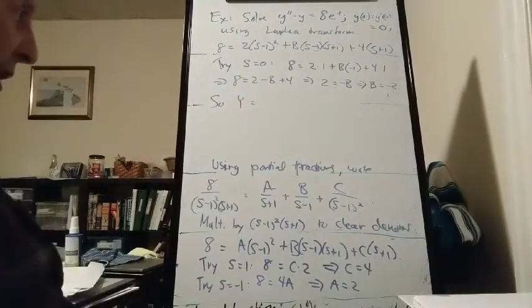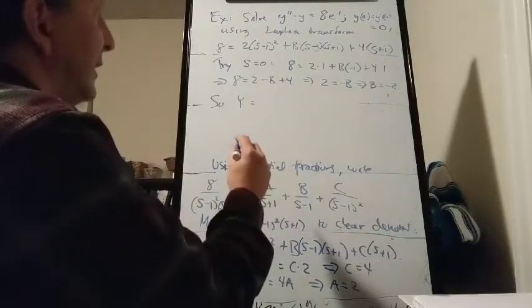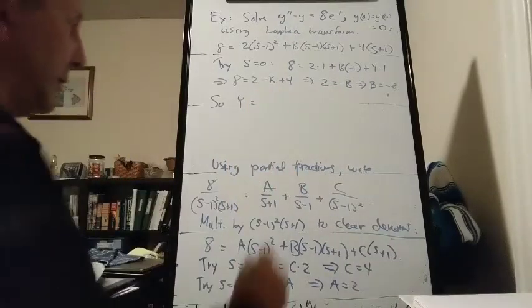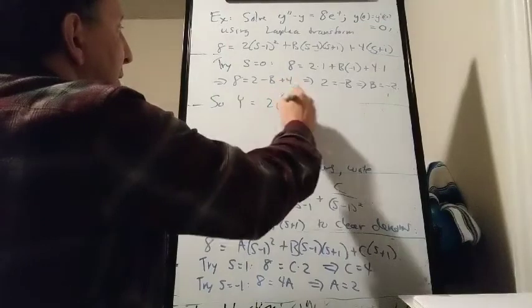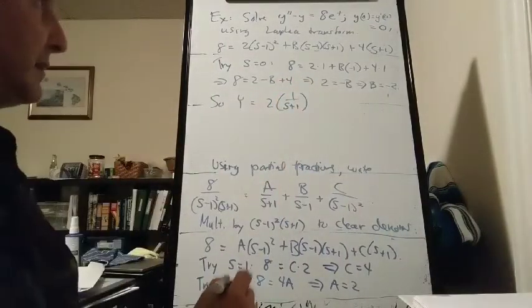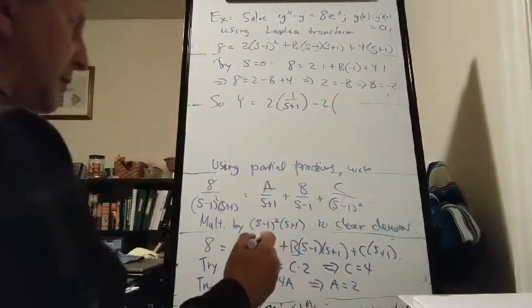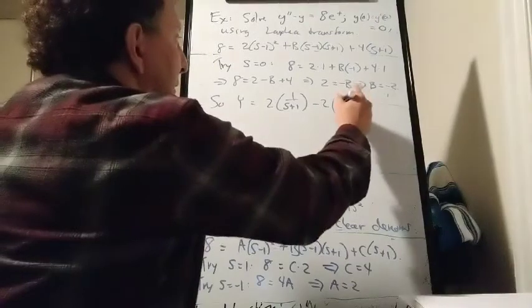Alright, so now that we've solved for A, B, and C, Y is this expression. So Y is A over s plus 1, 2 times 1 over s plus 1. B is negative 2, minus 2 times 1 over s minus 1.